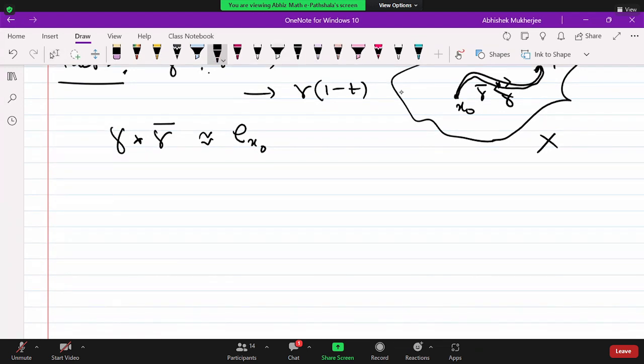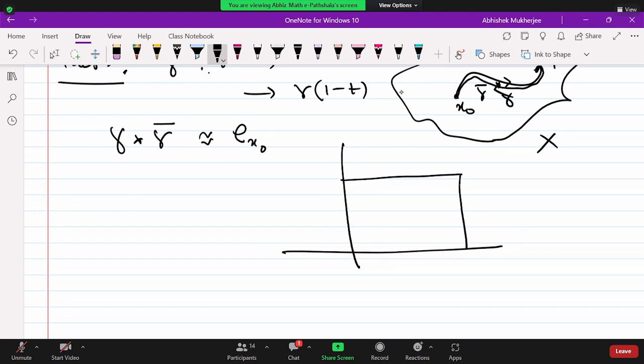So again, use this fact that you are considering two paths. One is the constant path at 0, that means the graph is this one.